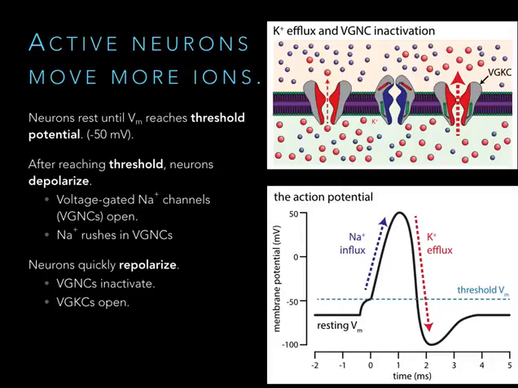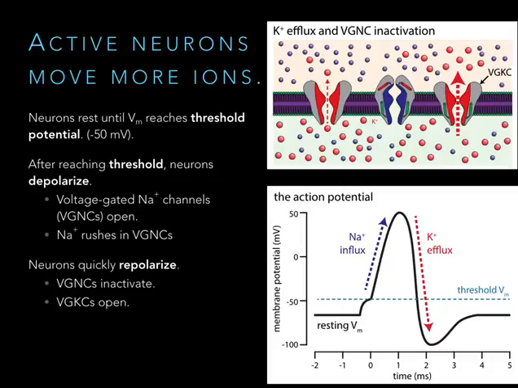Now what you'll notice is that we're going to actually bring the membrane potential lower than that resting value, and this is what we call the after hyperpolarization. That's because our potassium permeability is higher than at rest. We have not only our leak channels open, but we also have those voltage-gated potassium channels open.